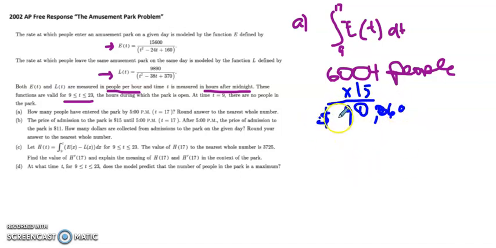So there you go. So now I got to figure out how many people are coming between 5 p.m., which is 17 here, and 11 p.m., which is 23. So I'm integrating the E of t function from 17 to 23.